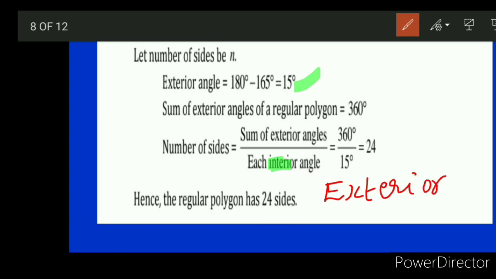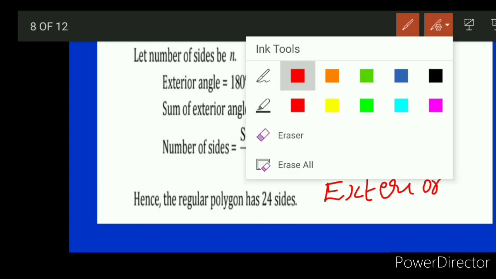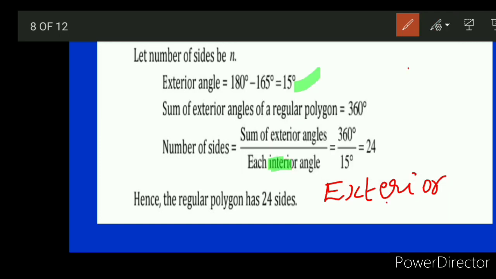Yes, children? 360 degree by 15 degree equal to 24. Hence, the regular polygon has 24 sides. Name of the polygon having 24 sides is 24 gon. Got it? Copy down all this.